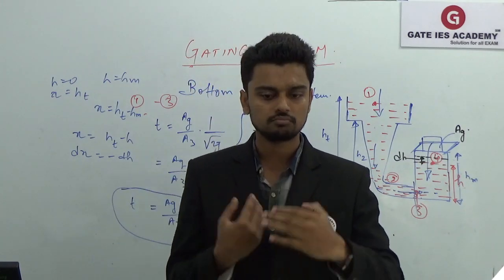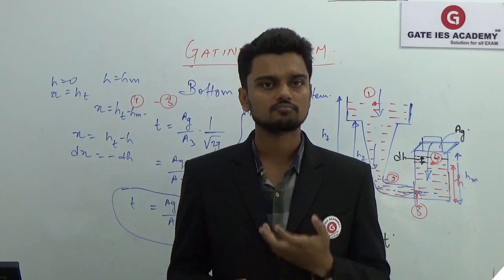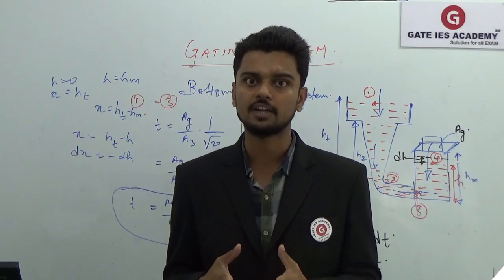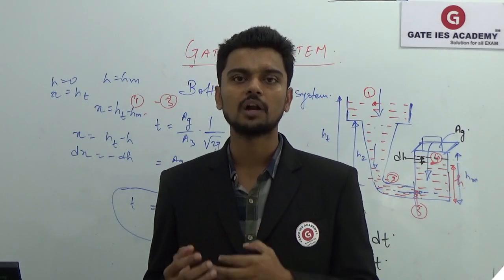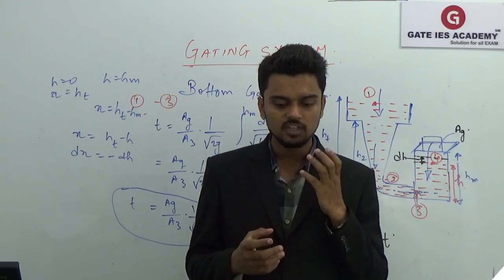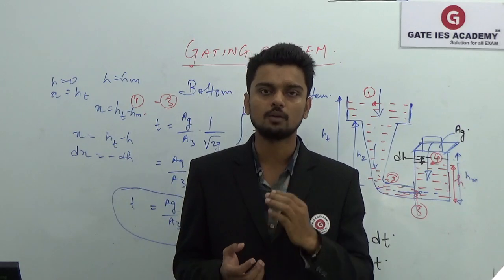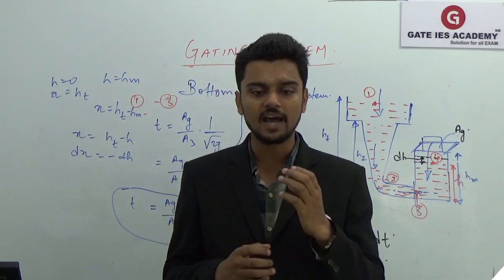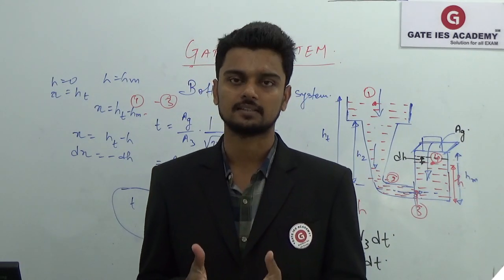So even if we are having the top riser, there was not that much difficulty in feeding that extra molten metal into your cavity. But in case of bottom gating system, what we saw is that there was an unfavorable temperature gradient, which means the hot molten metal was at the bottom. So if we are using the riser, in that case the riser will not be able to supply that extra molten metal in order to compensate for the shrinkages.